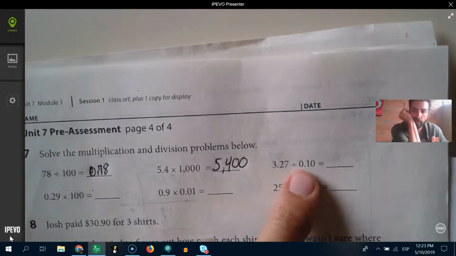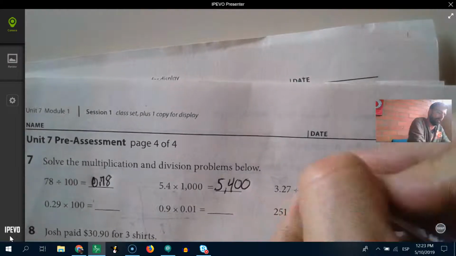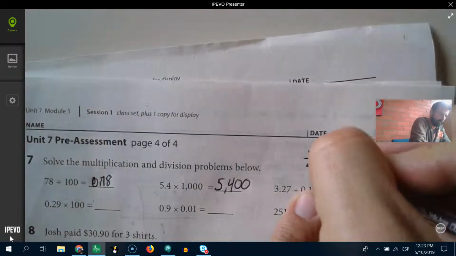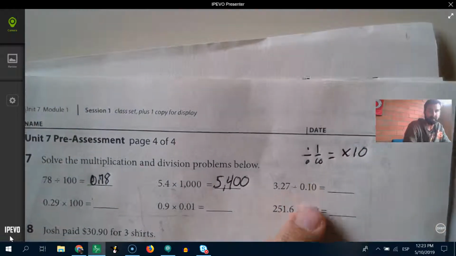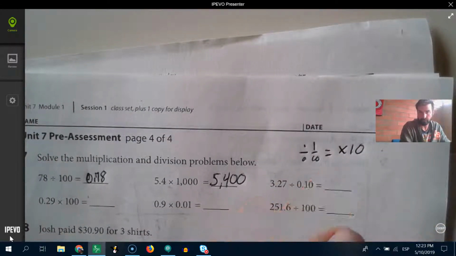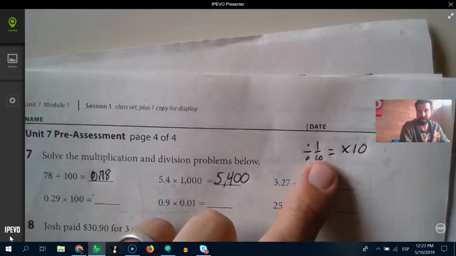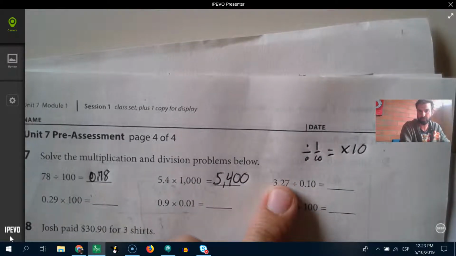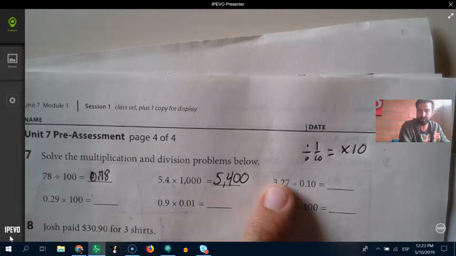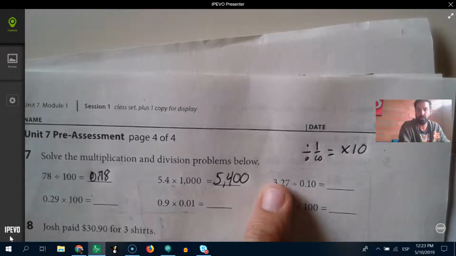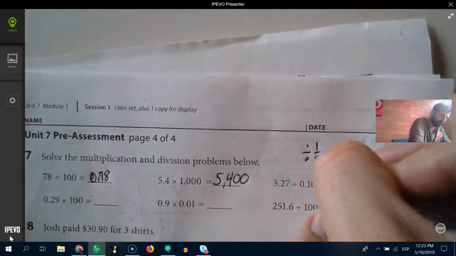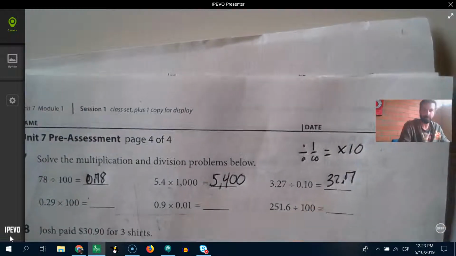So dividing by 0.1, dividing by 1/10, is the same as multiplying by 10. You're asking how many tenths are in 3.27. Well, there's 32.7 tenths in the number 3 and 27 hundredths. 32 and 7 tenths.